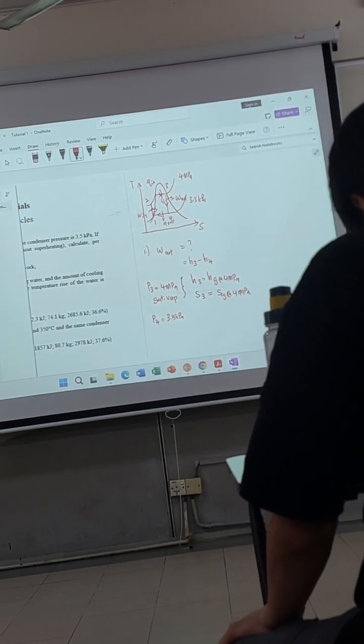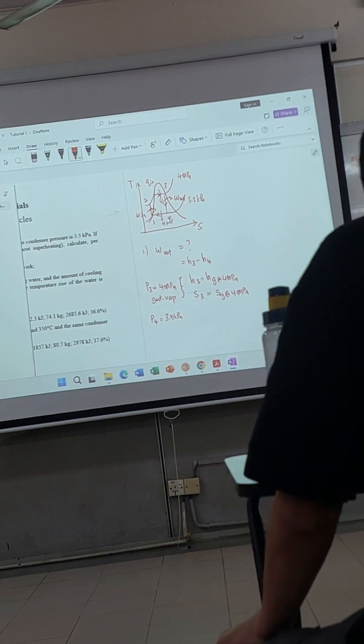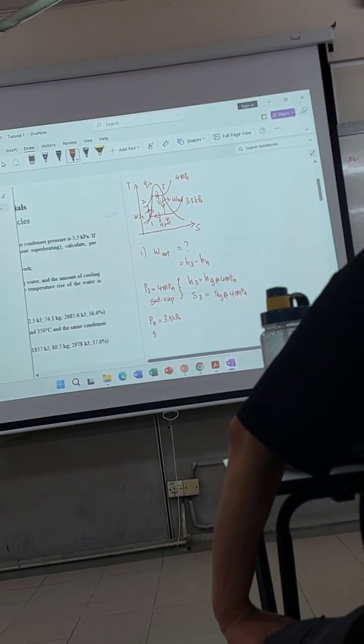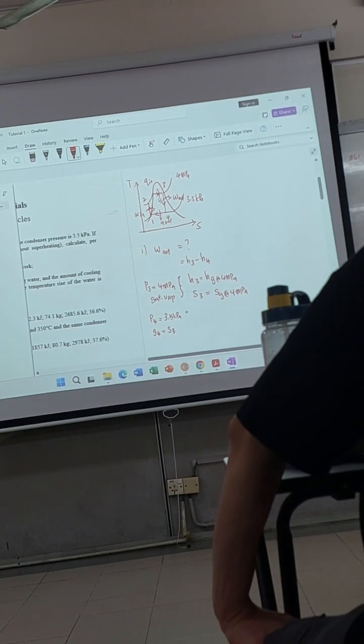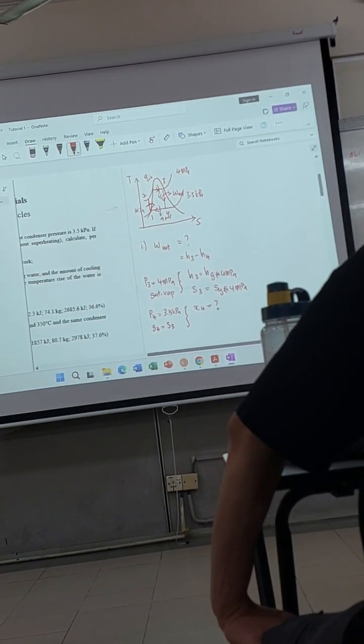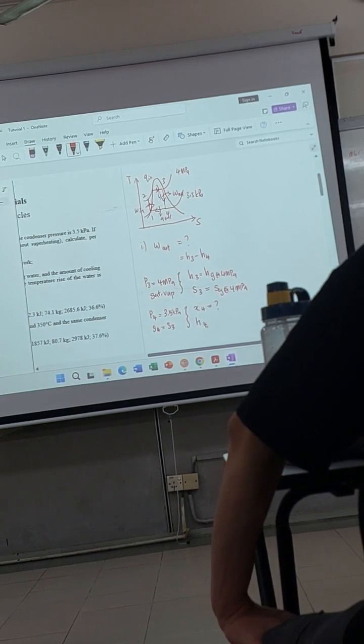So here is the mixture. Mixture is not enough for you to calculate the value because knowing the phase here doesn't really help. So we know S4 equals to S3. So from here you can find X4. And then from here you get H4.